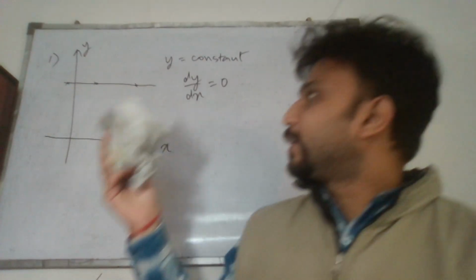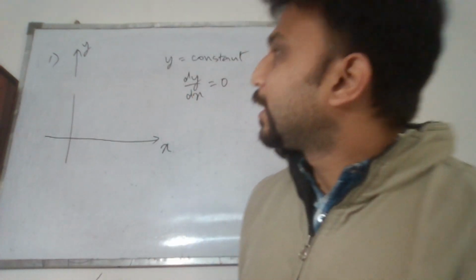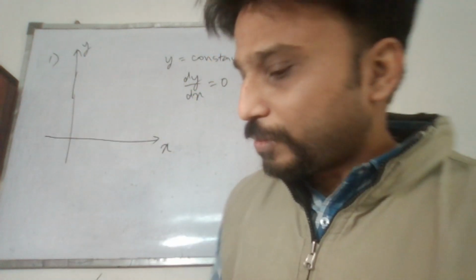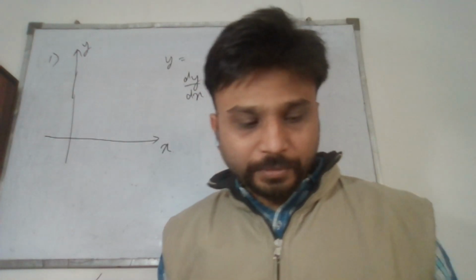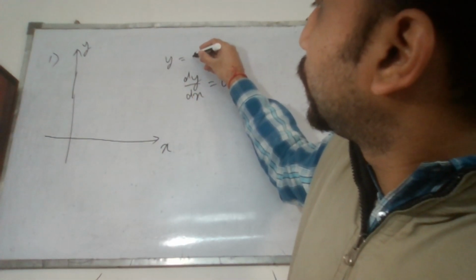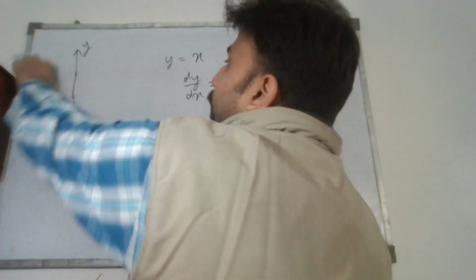Now instead of having y as some constant, let us take y equal to x. So y is equal to x. How would this curve look?